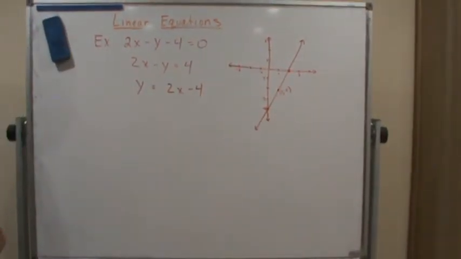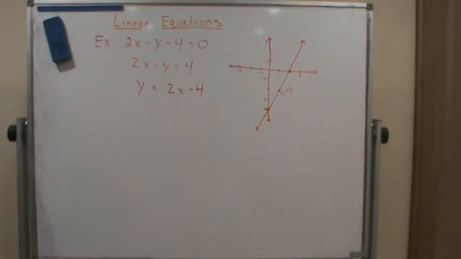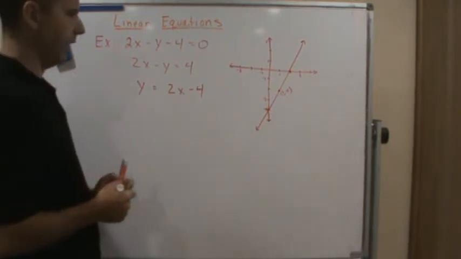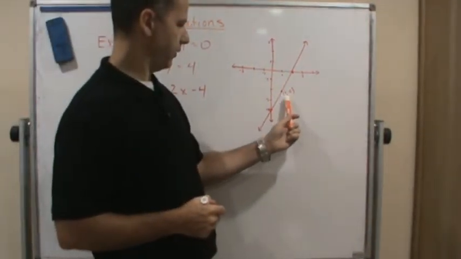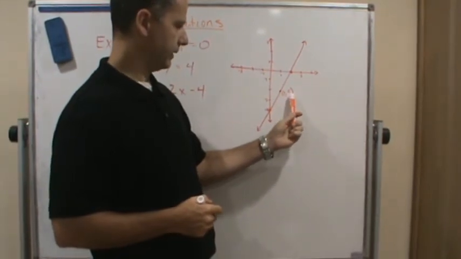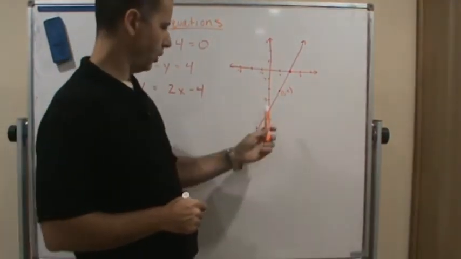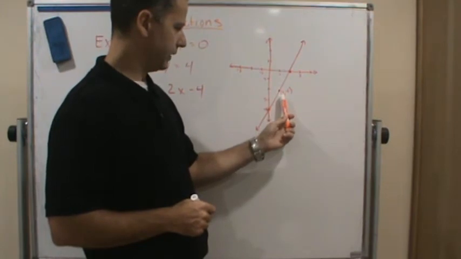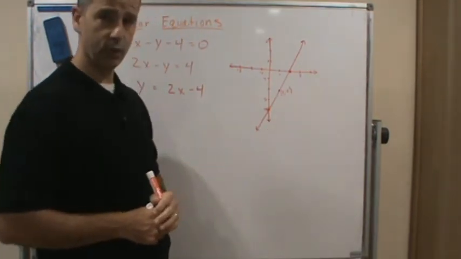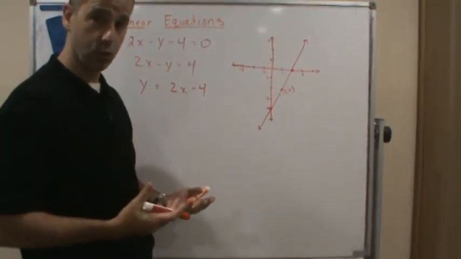So that means (1, negative 2) is a solution. So x equal to 1 and y equal to negative 2 will get a true statement.